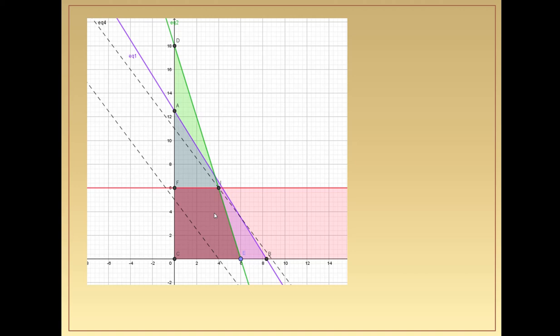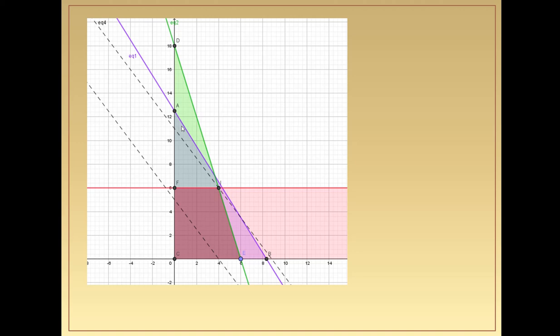Which one is it? This one is purple. This is the first constraint. When x1 is 0, x2 is 50 divided by 4, which is 12.5. The purple line represents the first constraint, and the second constraint is the availability of steel.